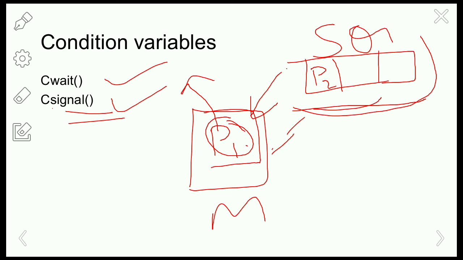In the case of counting semaphores, more than one process can be in the critical section at a particular amount of time. But in the case of the monitors it is not possible. So monitors are very strict compared to the semaphores.